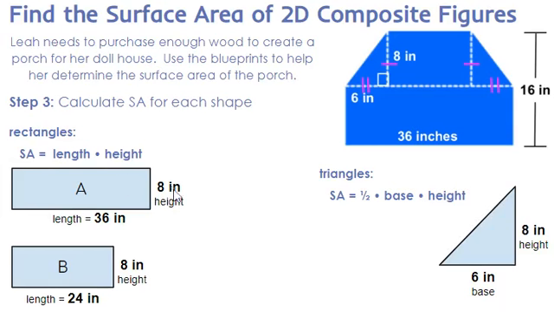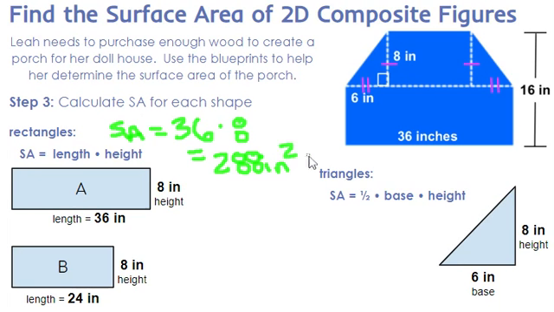So for my rectangle A, all I'm going to do is plug in the information that I have. So my surface area is equal to my length, which is 36 inches, times my height, which is 8 inches, which is equal to 288 inches. And remember, because we're looking at surface area, we're going to square that. Anytime we see surface area, we should already know that our units are going to be squared.